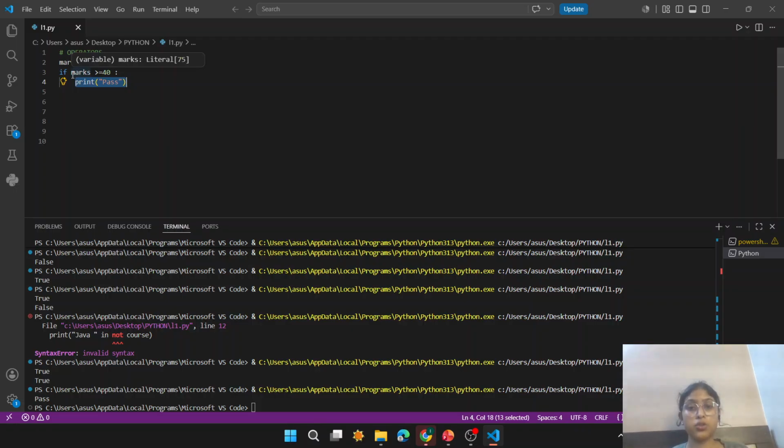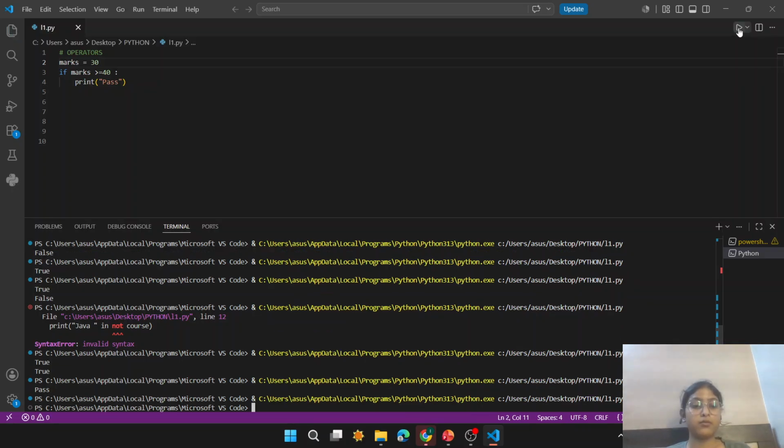Whenever the condition becomes true, the print statement will be executed. If I change it to 30, let's see what happens. The statement has been skipped. Python simply skips the whole block because the condition is false.